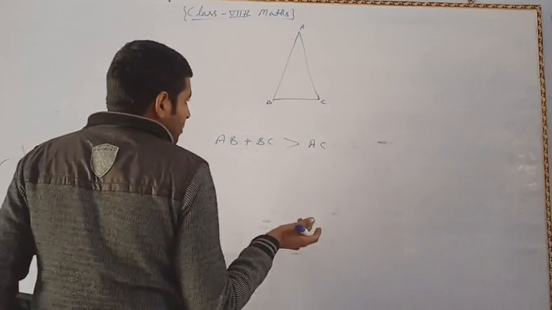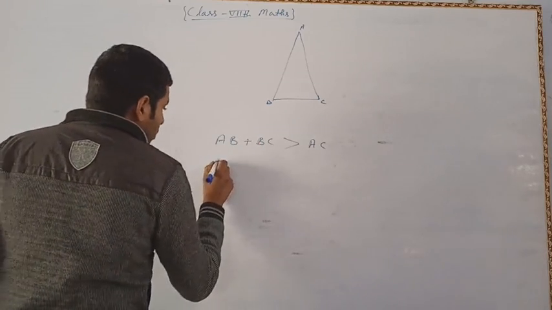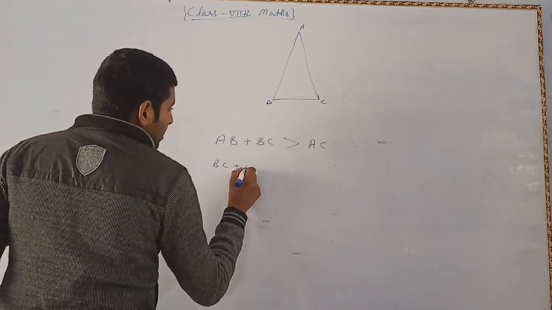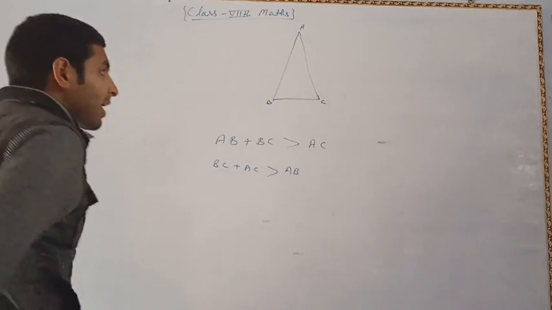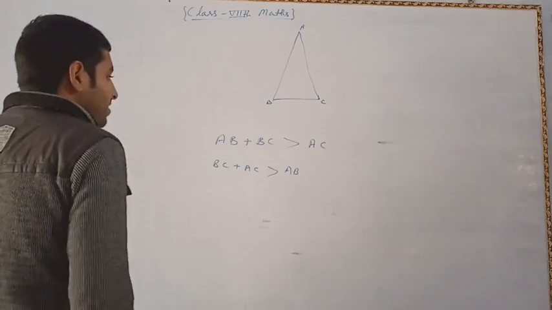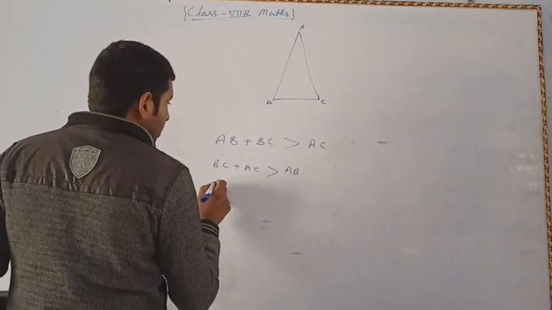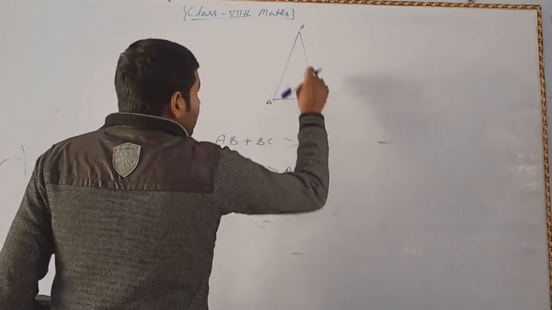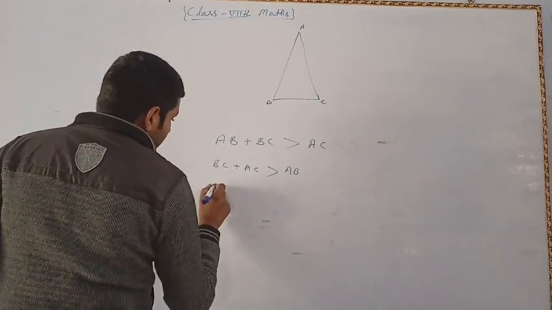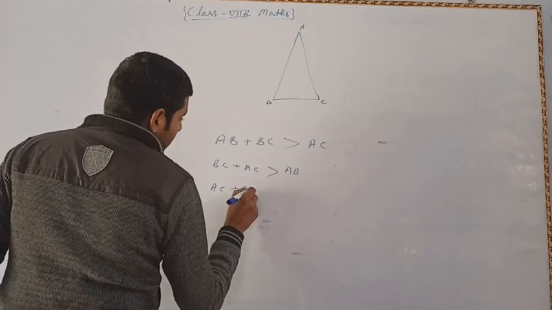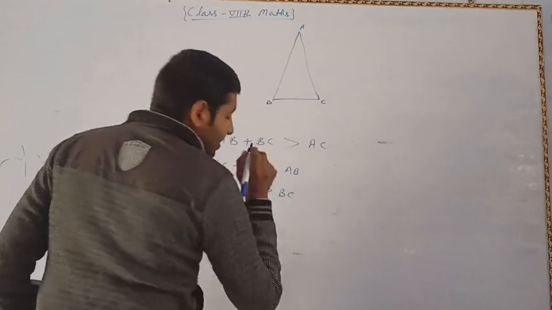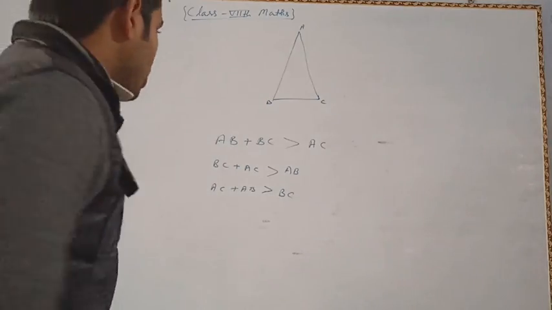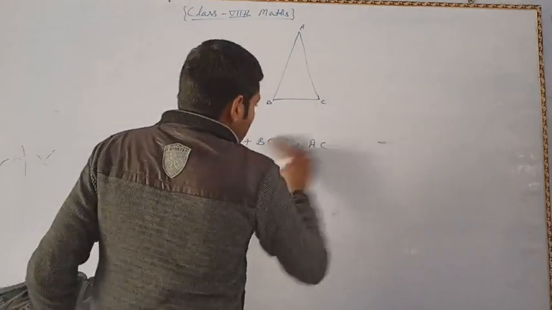Or you can write BC plus AC is greater than AB. Or also you can write AC plus AB is always greater than BC. So this part is clear.